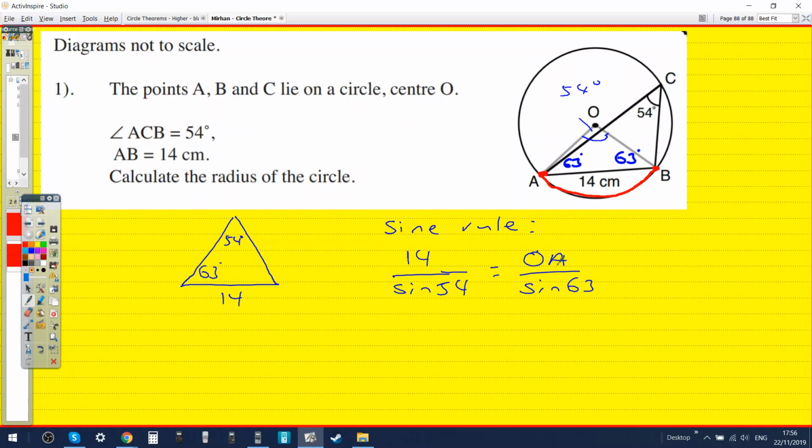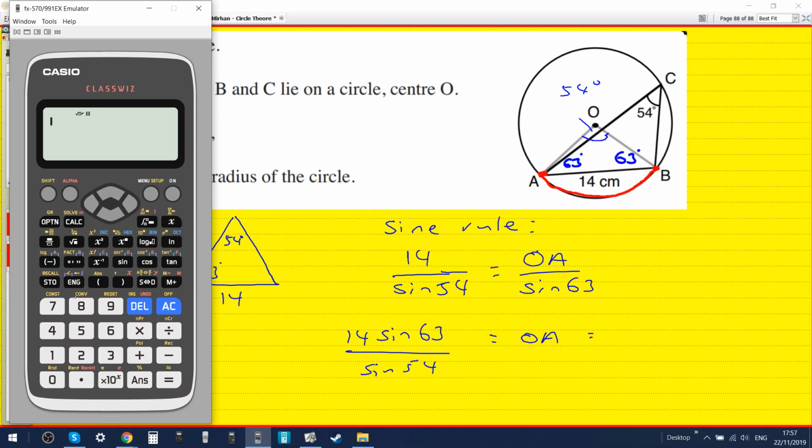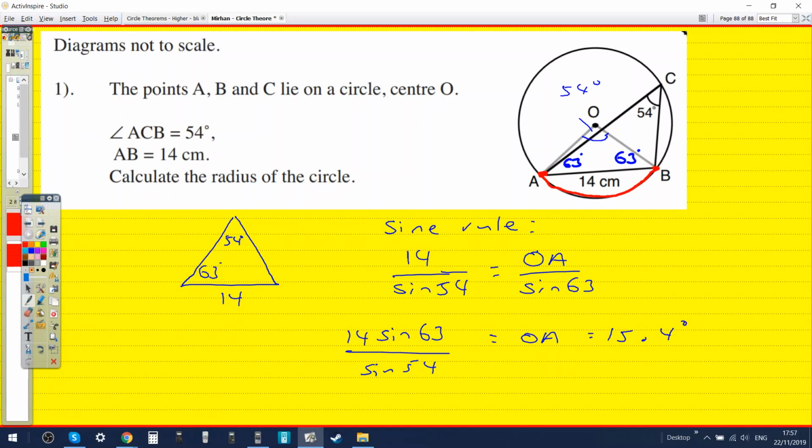So how do you get OA? Times sine 63 on both sides. Yeah. 14 times sine 63 over sine 54. Let's put that in the calculator, and that's the answer. And it's 15.4.